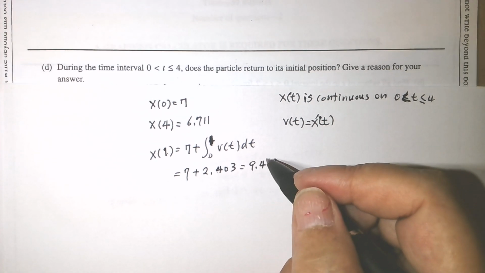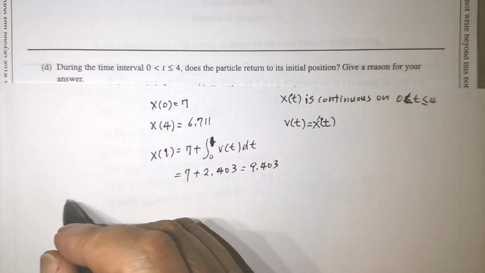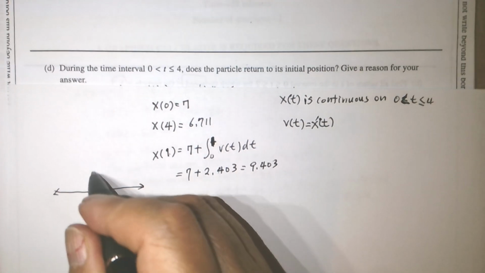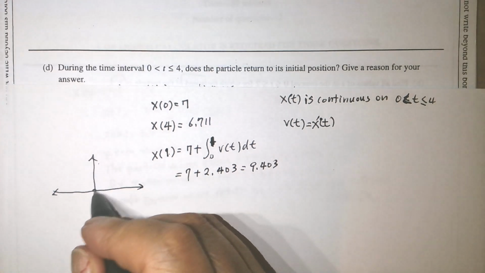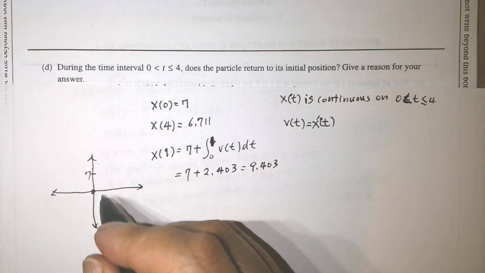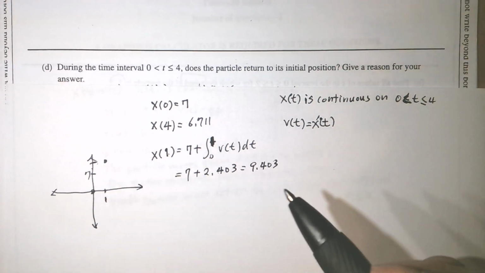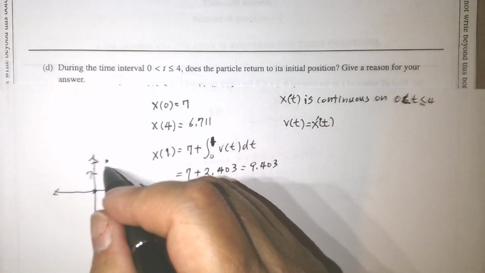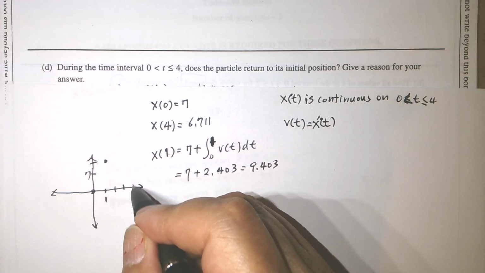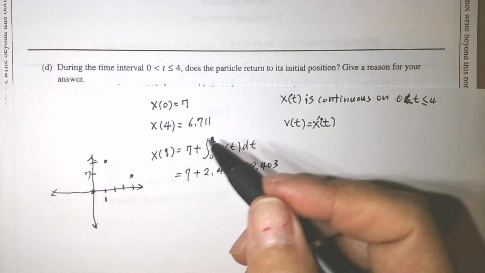9.403. So let's draw the graph of the position function here. From 0 we have 7, and at 1 we have 9.4. Okay, this is 1 here, 2, 3, 4. At 4 we already know is 6.7.